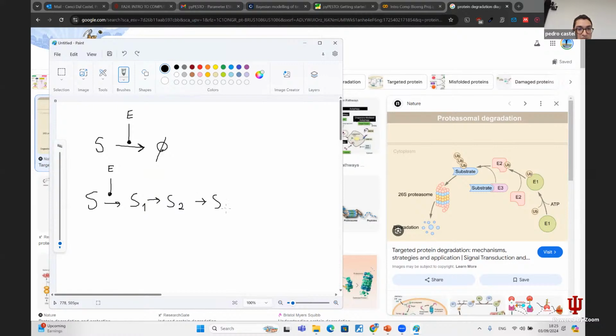Sorry, this is 3. Then we will do this right here. If it needs 3 ubiquitins, like in the diagram, then our S1 is representing our protein with 1 ubiquitin, S2 two ubiquitins, and so on and so forth. Does this make sense? Yes.